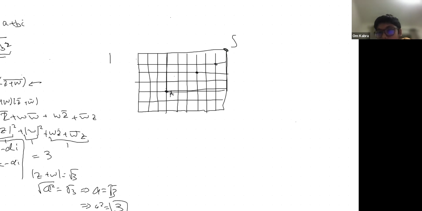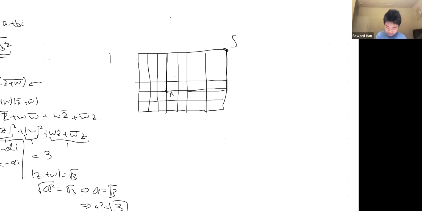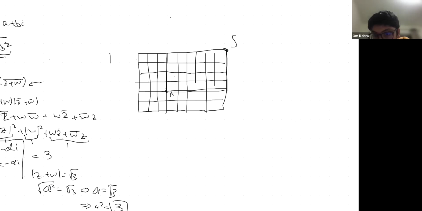So you can just erase those lines that connect to them. You can't go on these lines.